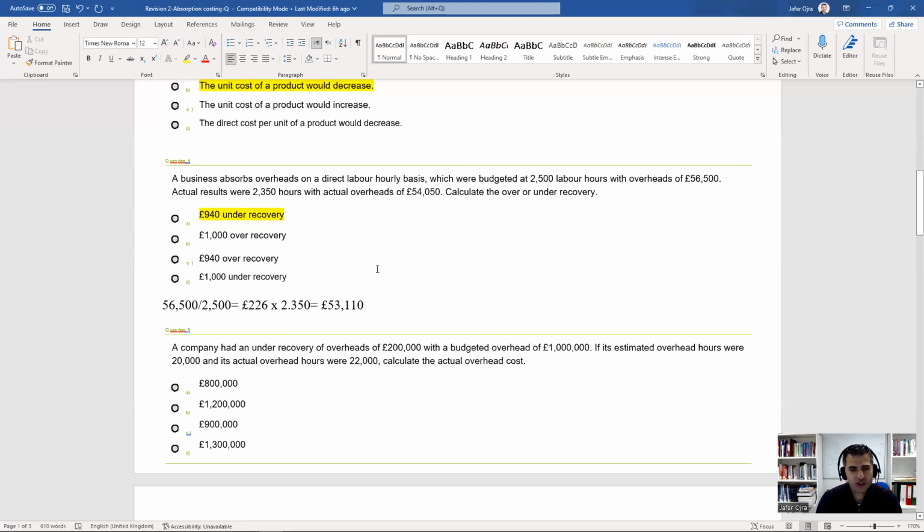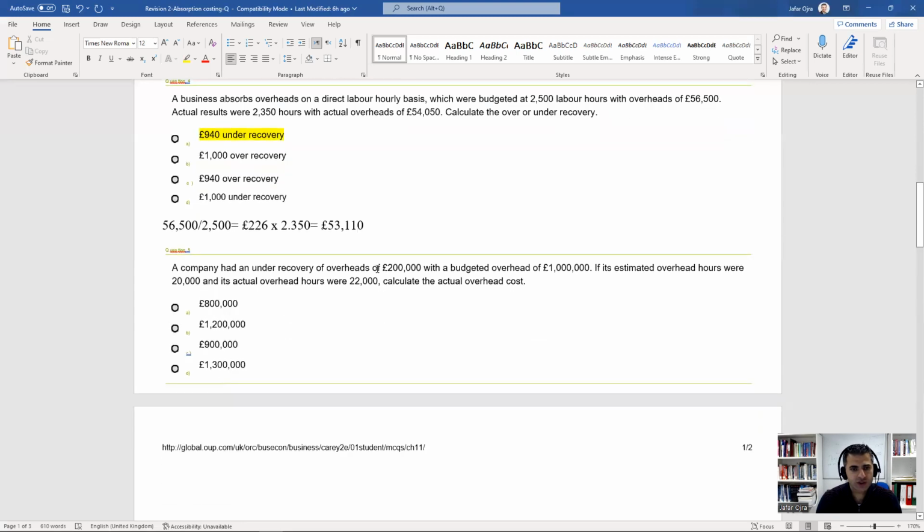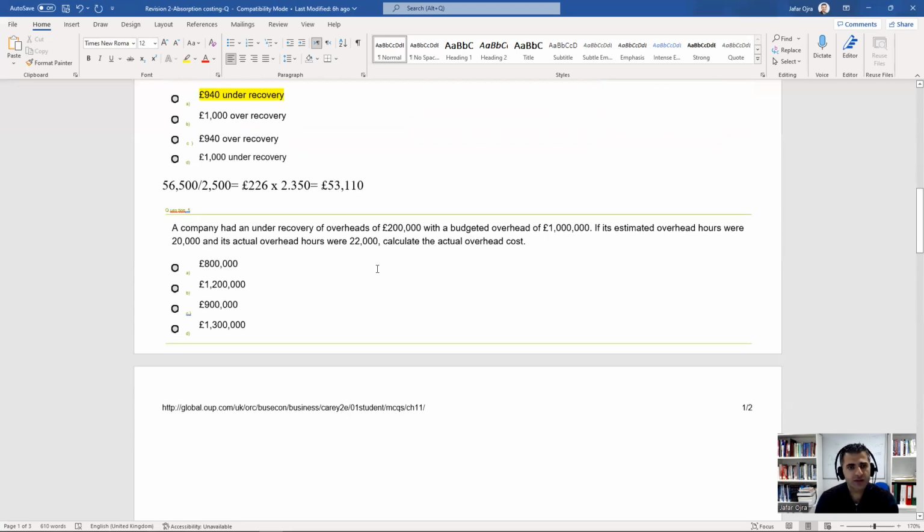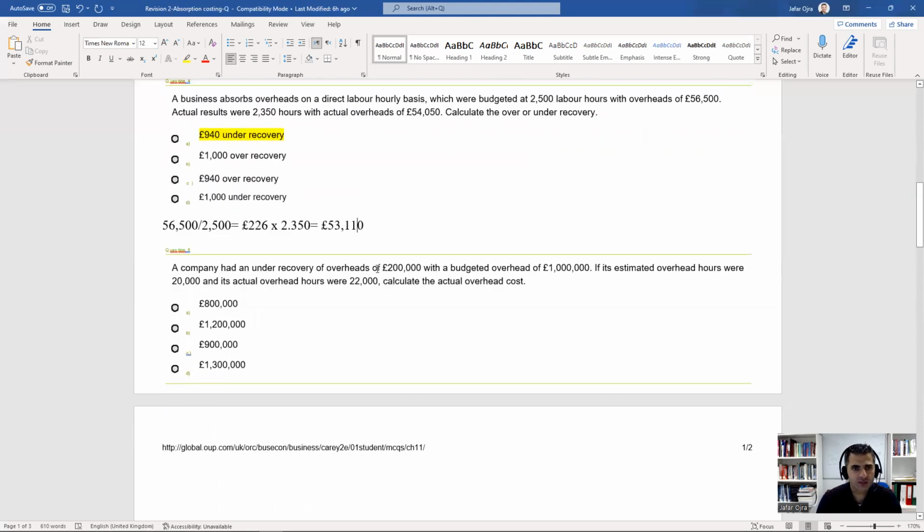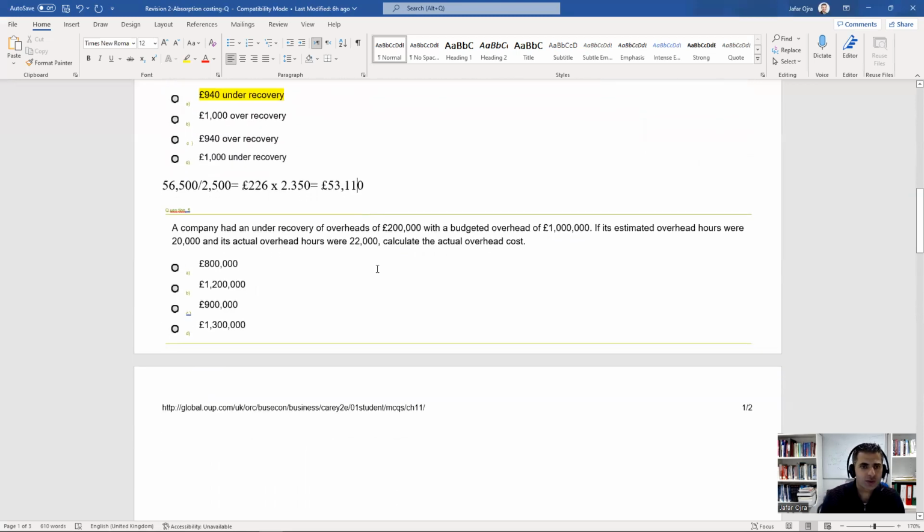So the next question here is not different, but it's just the opposite of the previous one. A company had an under recovery of £200,000 with a budgeted overhead of 1 million.